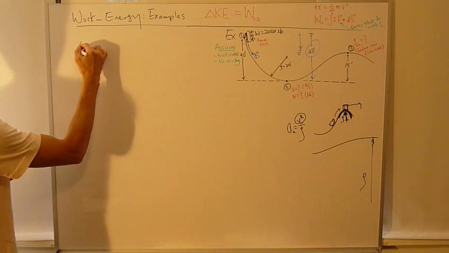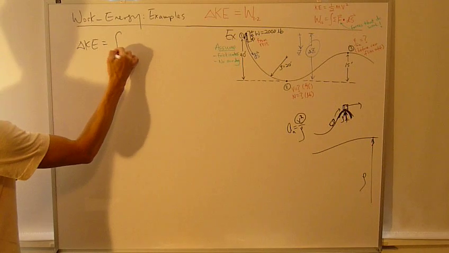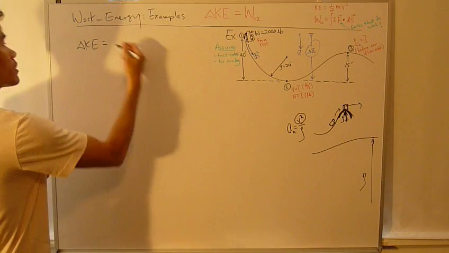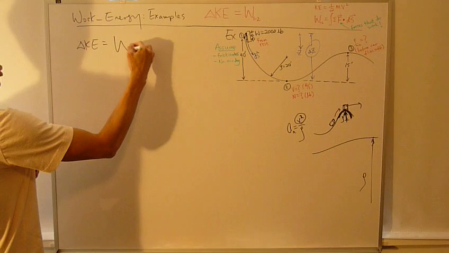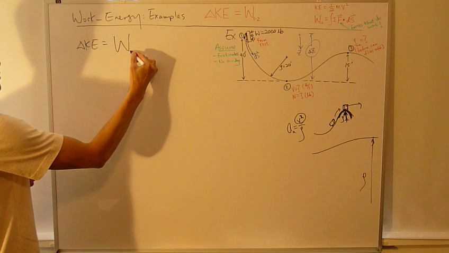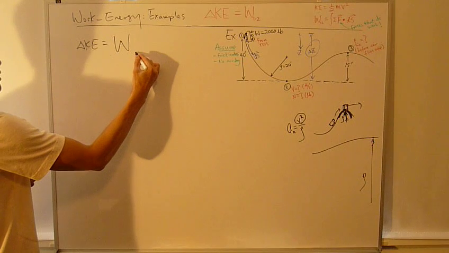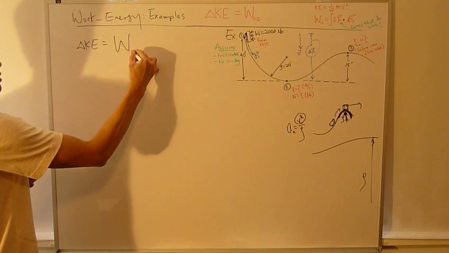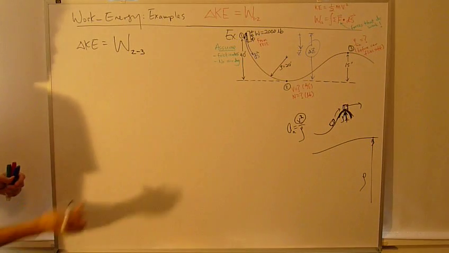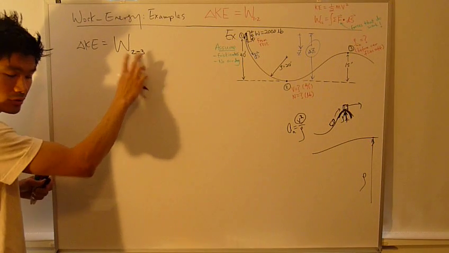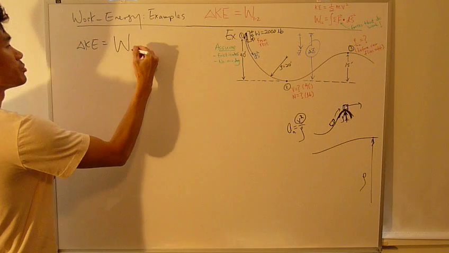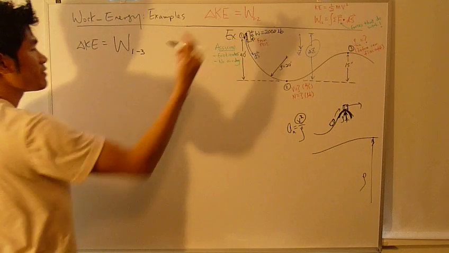Apply the work-energy equation: change in energy equals work done, before and after. I can choose position 2 as the before, and then after is position 3. I can also change the initial position to position 1 if I like.